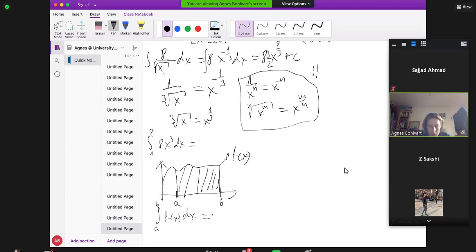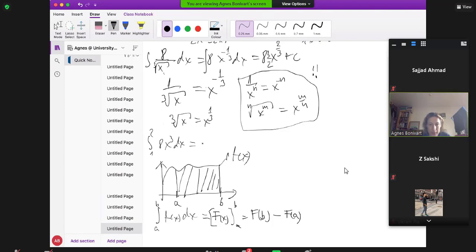We integrate the function, we get some capital F function, and we need the limits. And then we substitute the upper limit. F of b, minus F of a. Yes.